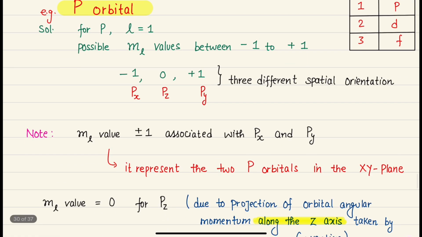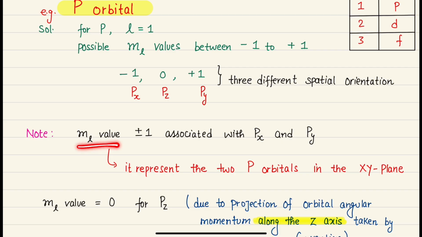Now note: ml values plus and minus 1 are associated with px and py. What does this mean? This minus 1 can be py also, or px also; we can use them vice versa.